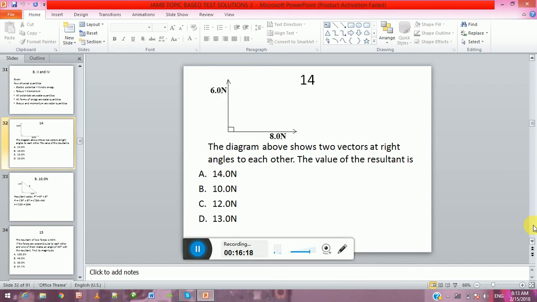Take note. The diagram above shows two vectors at right angles to each other. The value of the resultant is what? A 14 newtons, B 10 newtons, C 12 newtons, D 13 newtons.